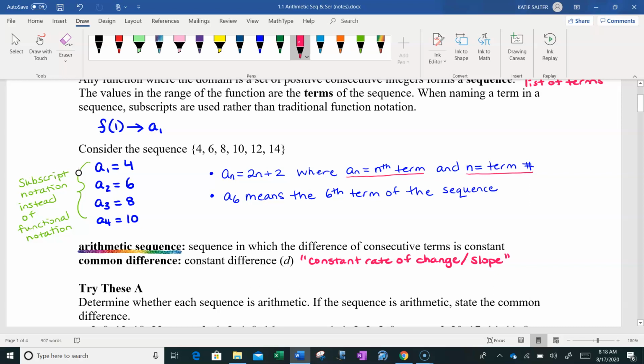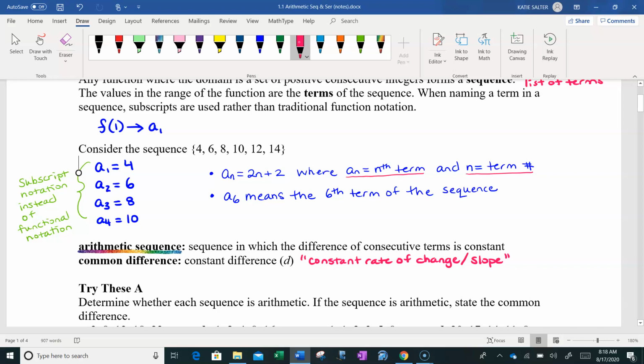What that means is you're either adding the same number over and over again, or you're subtracting the same number over and over again. We say the arithmetic sequence has a common difference, and the common difference is the same thing as a constant difference. If you were to graph a sequence that's arithmetic, it would make a linear pattern. So that constant difference or common difference is the same thing as the slope or the constant rate of change.